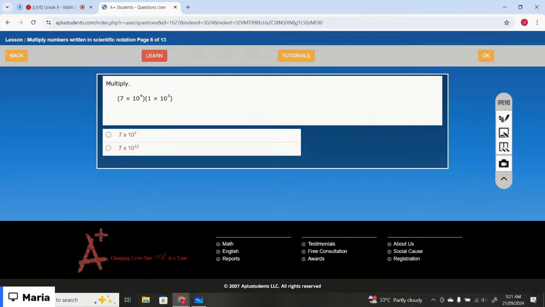Seven times 10 exponent 4, 1 times 10 exponent 3. So which is the correct option?